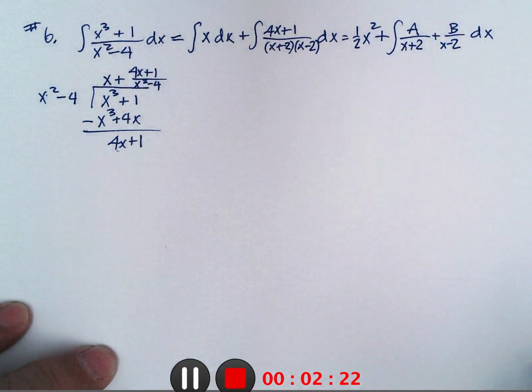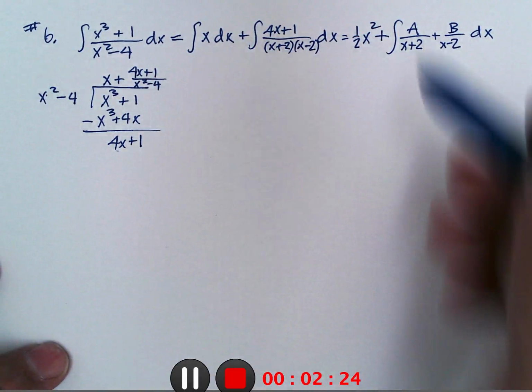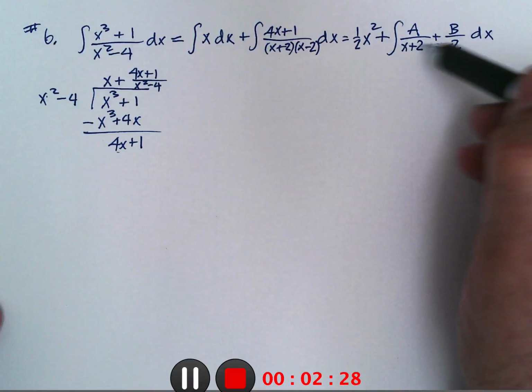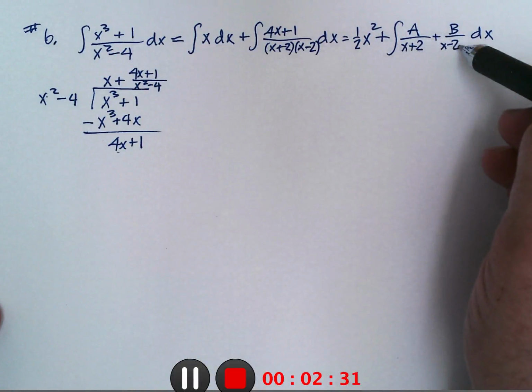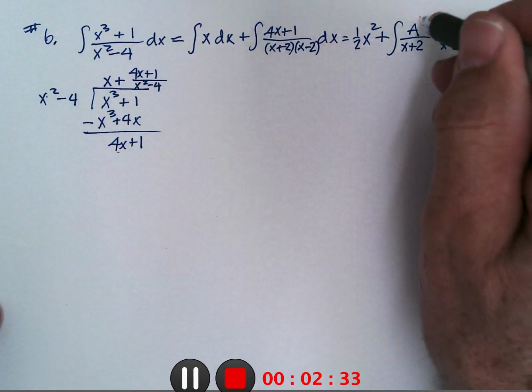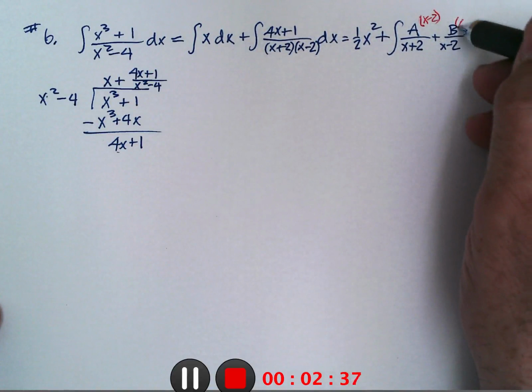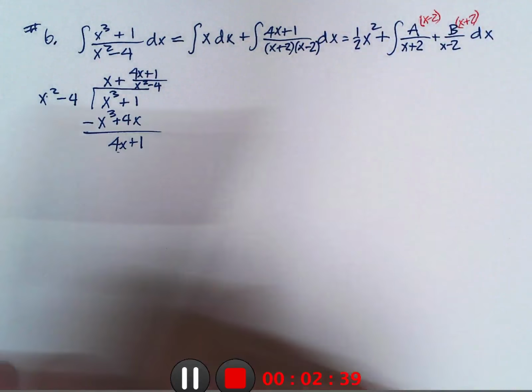Now we need to figure out what a and b are. The common denominator is x plus 2 times x minus 2. So this one would have to be times x minus 2, this one times x plus 2.